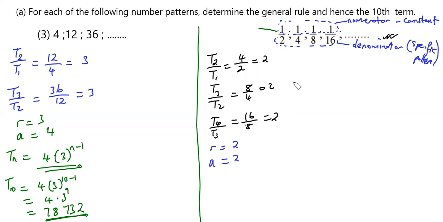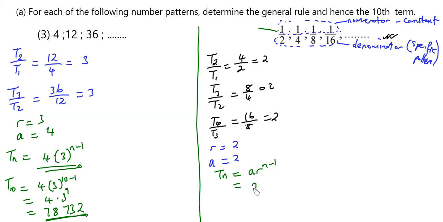Can you see that we are keeping the numerator out of this for now, because we know that the numerator remains the same, it's going to be 1, 1, 1, 1 continuously. But we want to check what the changes are at the bottom. So let's see what we get. Now Tn is equal to A R to the power n minus 1.